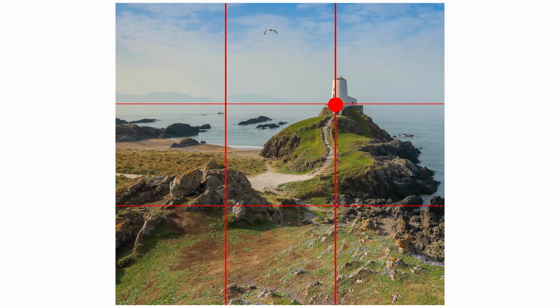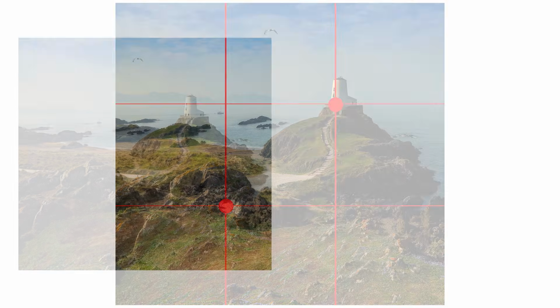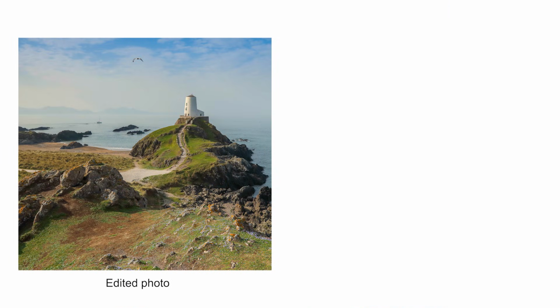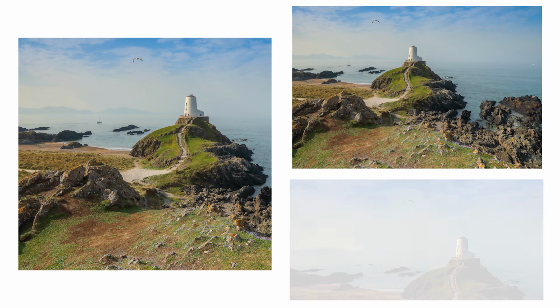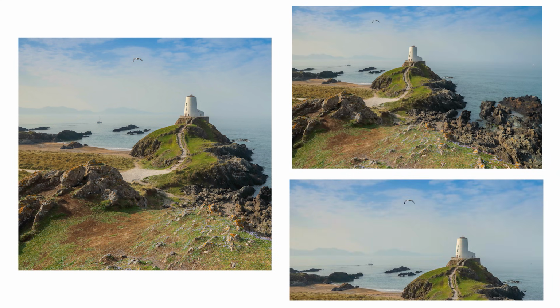We had those two intersecting lines, and of course, that's a good place to put a subject of importance. But we also notice that in the foreground, we also have our mound of rocks that also lies within two of the intersecting lines. In this case, this composition is more successful than the original photo, and it's more successful than the example we just looked at.